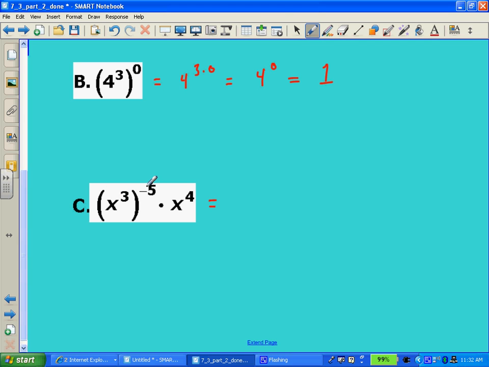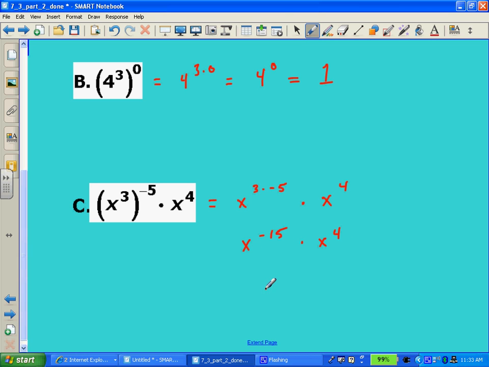Let's look at a little more fun one here. X to the 3rd to the negative 5th. So that's going to be x to the 3rd times negative 5. X to the 3 times negative 5. And then I still got this x to the 4th out here, but I'm going to deal with that later. So x to the 3 times negative 5 is x to the negative 15th times x to the 4th.